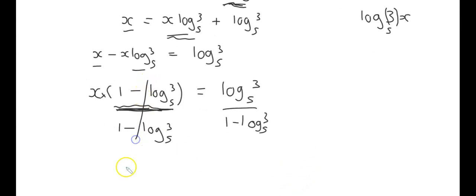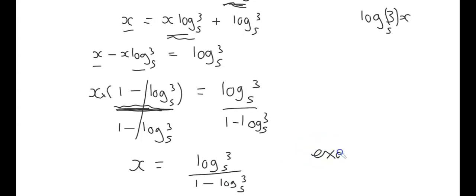These will cancel, and then we just have x is equal to log of 3 to base 5 over 1 minus log of 3 to base 5. So this is x. Now this would be the right answer if they said give your answer in exact form. If you ever saw that in a question, exact form, in the context of a log question, we would want log of something in the answer.